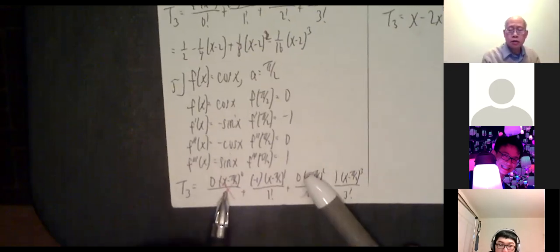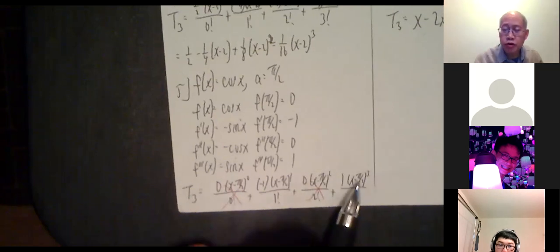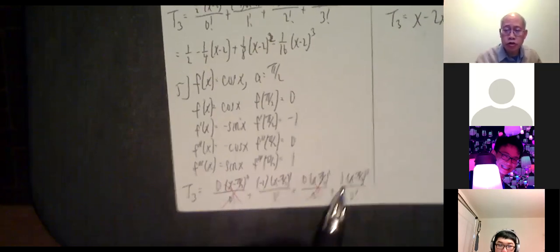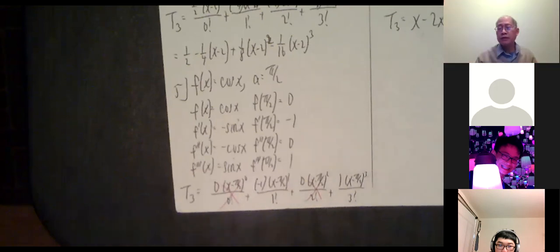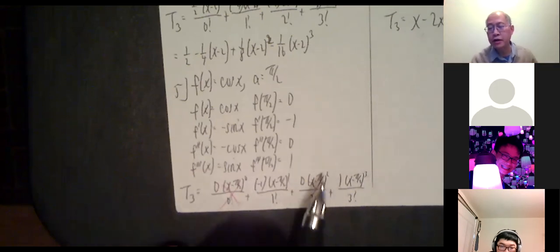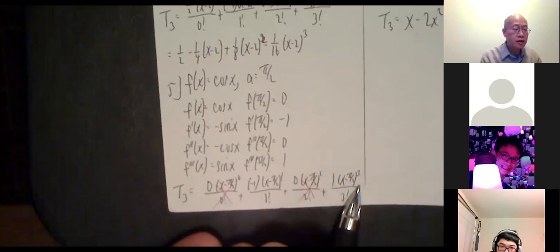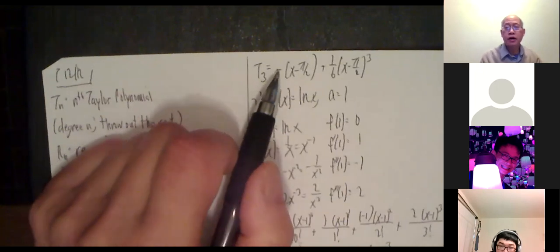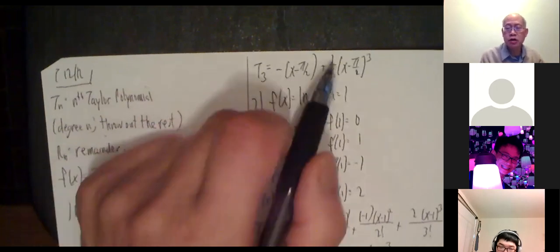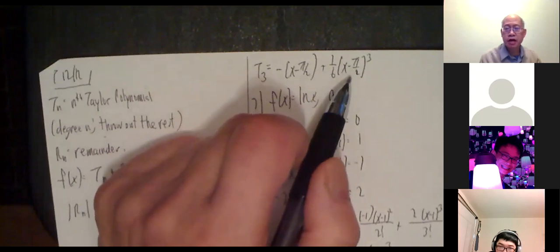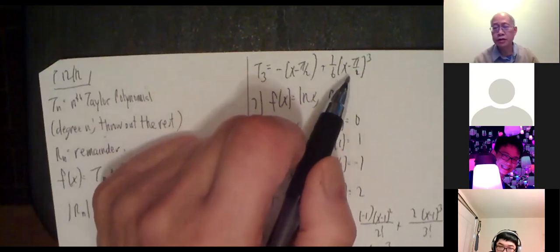Gone, gone. Now, the problem asks for a third degree polynomial. So there's only going to be 2 terms. That's okay. You don't have to keep going to 4 terms. In fact, you should not here if it just says third degree. So I only have that and that, which I'm rewriting as negative 1, which is negative x minus pi over 2, plus 1/6 x minus pi over 2 cubed. Final answer.